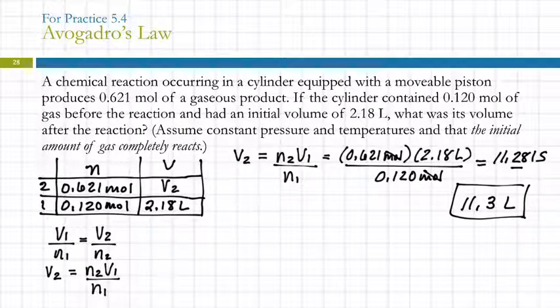Because, yeah, you started with this amount of gas, but if it didn't all react, then you can't do the problem. So, very good question. So we've got more gas at the end than we did before, so we expect that this volume is larger, and it is. So there we go. Any questions?